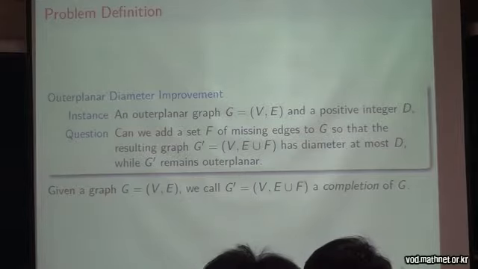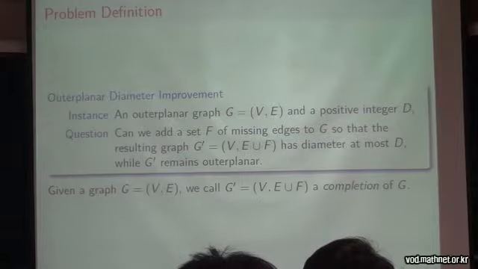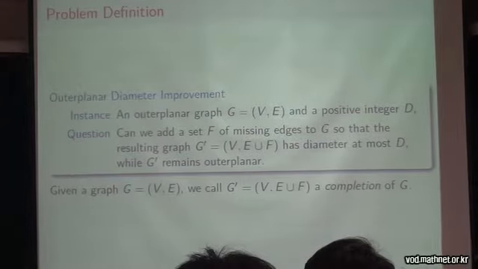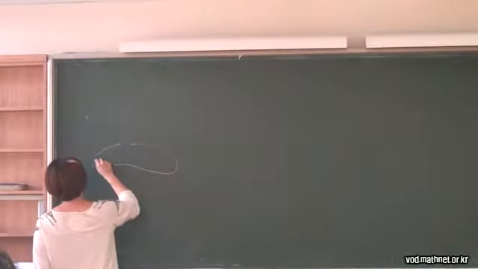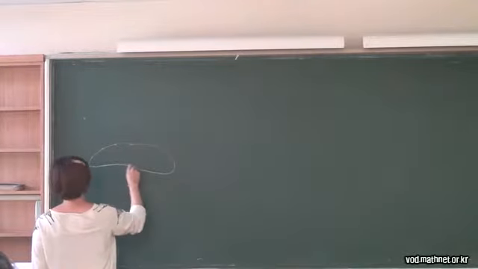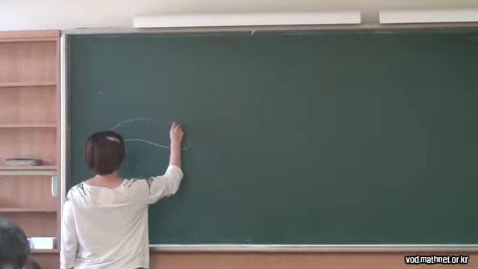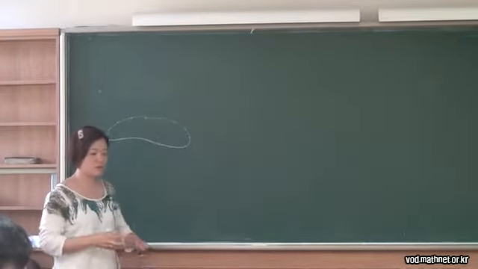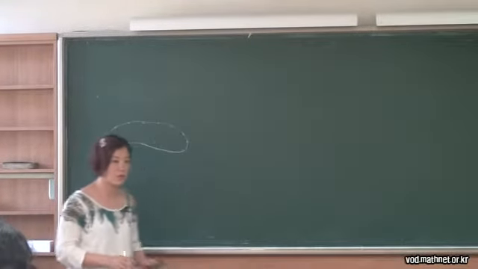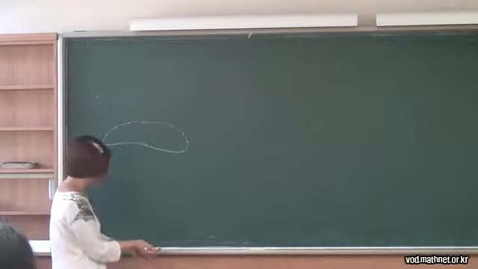Okay, let me explain the problem a little bit more. So I hope you know what a planar graph is. An outerplanar graph is one where the graph G has an embedding such that all vertices can be placed on the boundary of one face. This specific face, which contains all the vertices on the boundary, can be made the outer face.